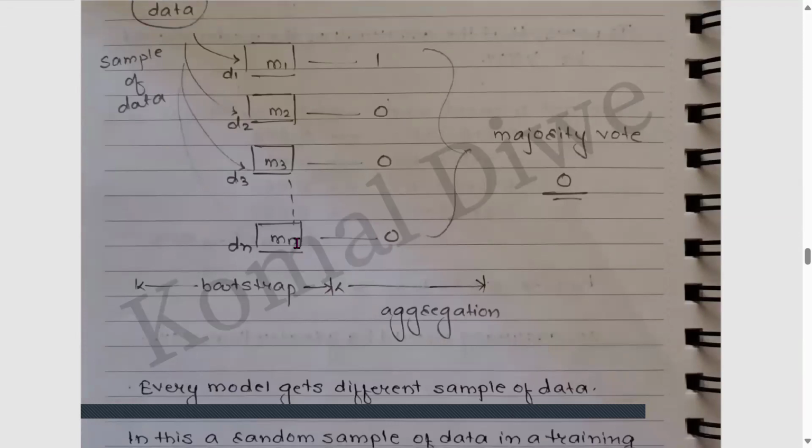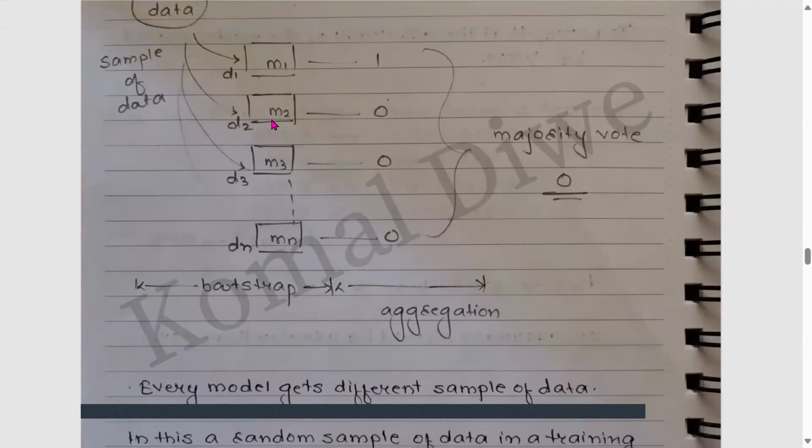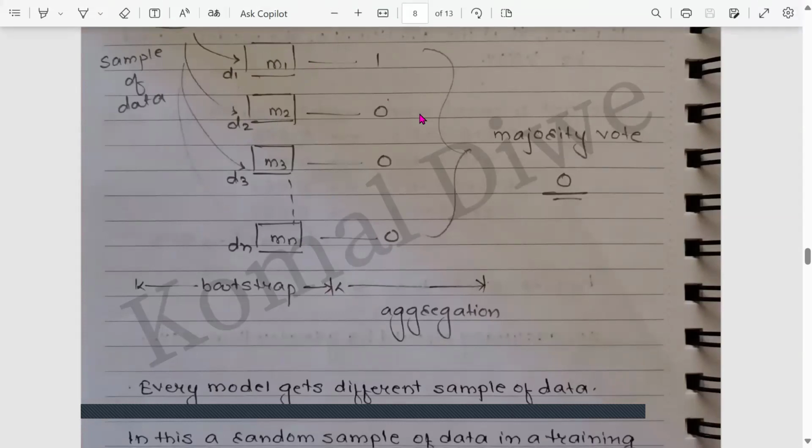That means whatever data we have, we have divided into chunks, and then we give these chunks to the different models: M1 gets D1, M2 gets D2, M3 gets D3. Are you getting it?